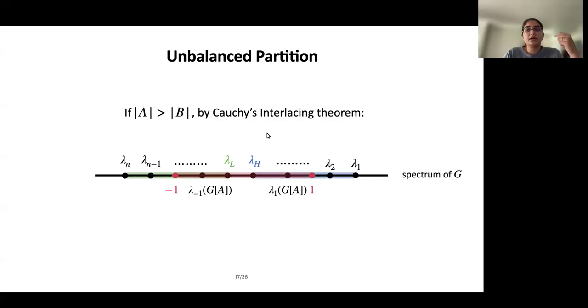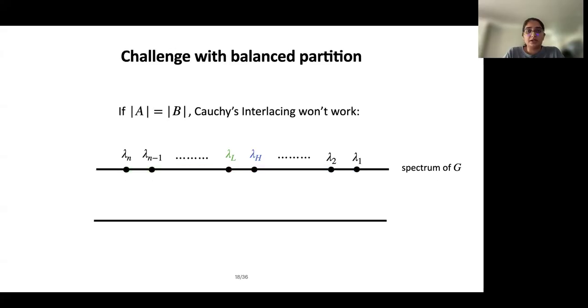Observe that every time you have an odd number of vertices in the graph, the maximum cut is always going to give you an unbalanced partition. So the Cauchy interlacing theorem immediately gives us the required result, that your median eigenvalues are always bounded in this interval. The real challenge occurs when you get a balanced partition, which will only be the case when you have an even number of vertices.